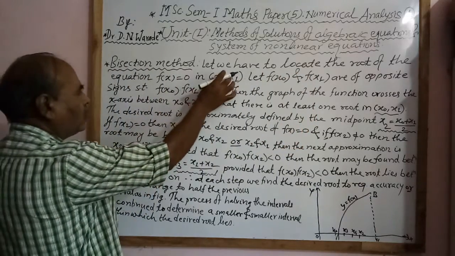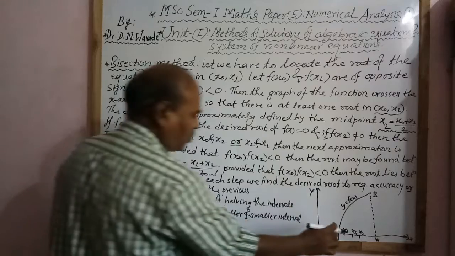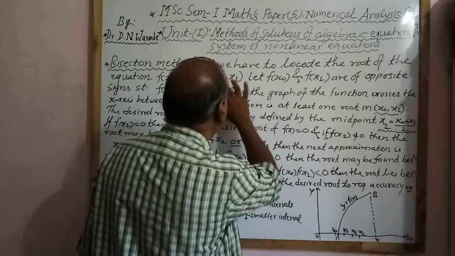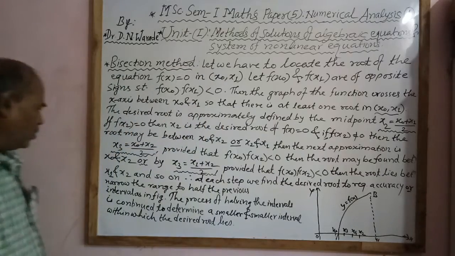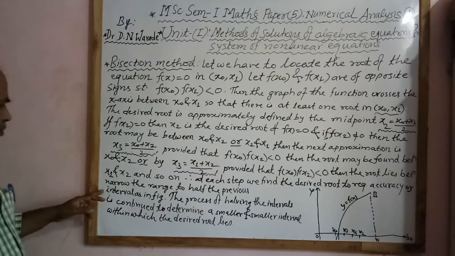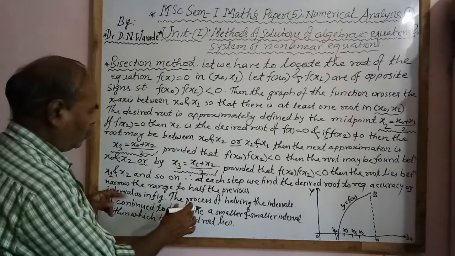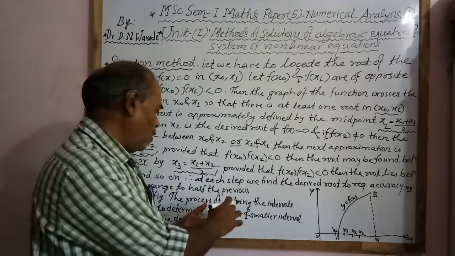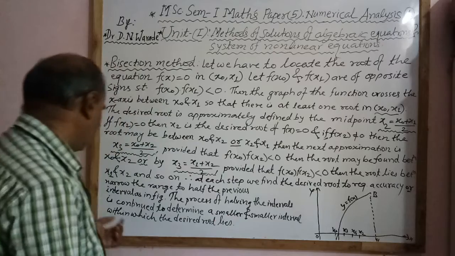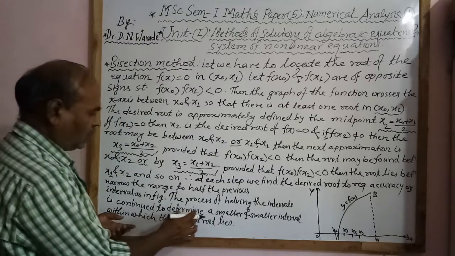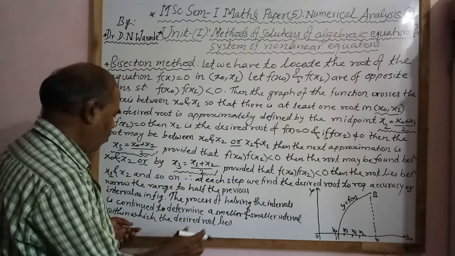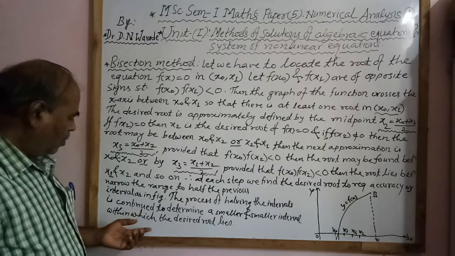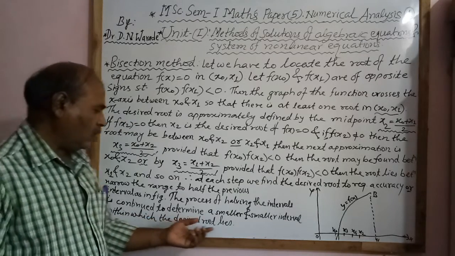Therefore, the first interval, the open interval (x0, x1), is given by x0 and x1. The process of halving, dividing the interval, is continued to determine smaller and smaller intervals within which the desired root lies.